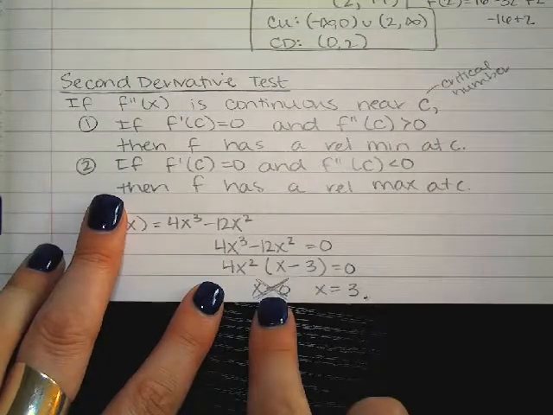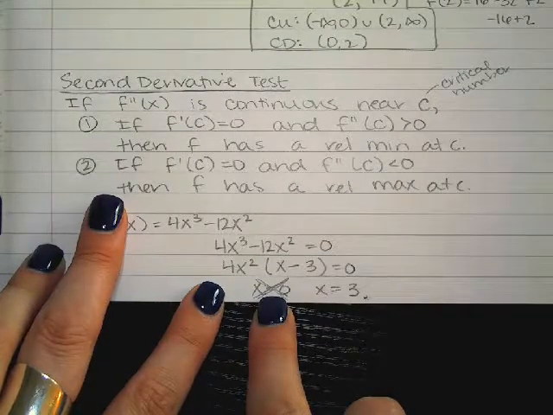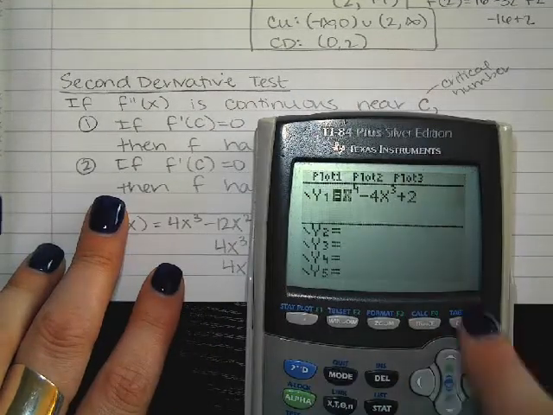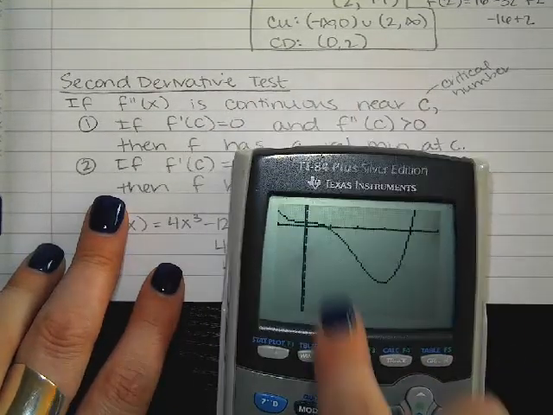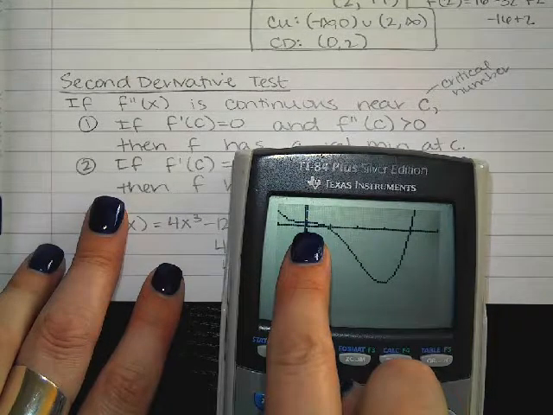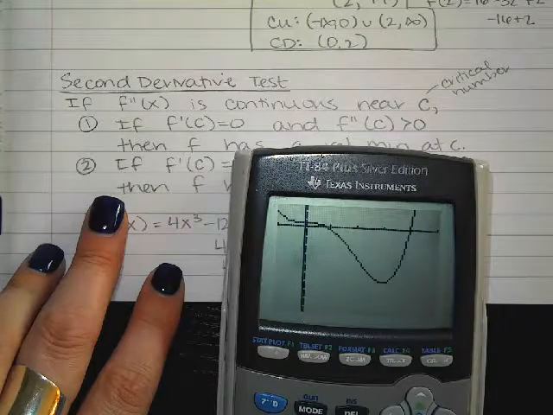So if we did the first derivative test, we would have seen that, if we look at the graph, it was decreasing and it stayed decreasing. And if we did the second derivative test using 0, then we would know the point of inflection was 0.